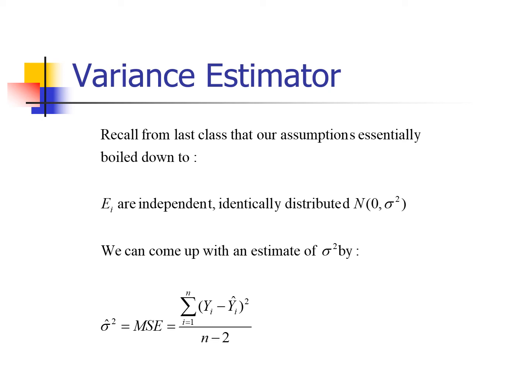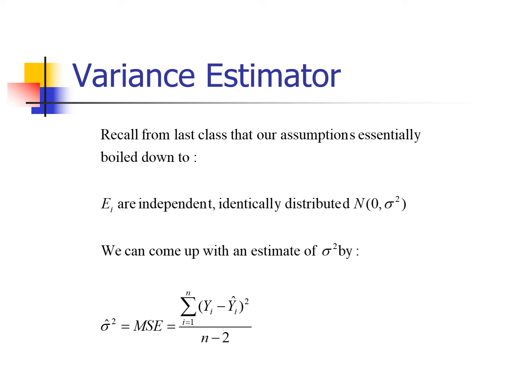Again, we can come up with an estimate of sigma squared by using something called MSE. MSE stands for mean squared error. It's denoted by sigma squared with a hat over it. Again, the hat's denoting that it's a best guess.